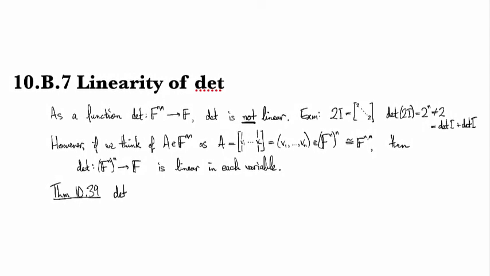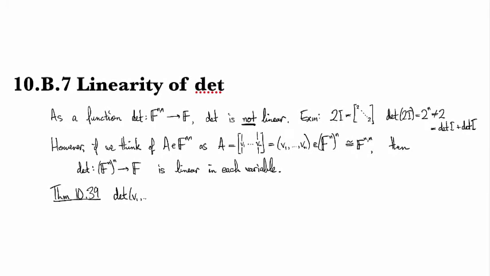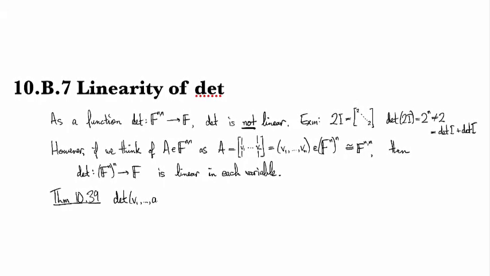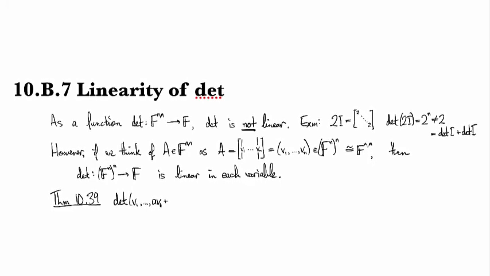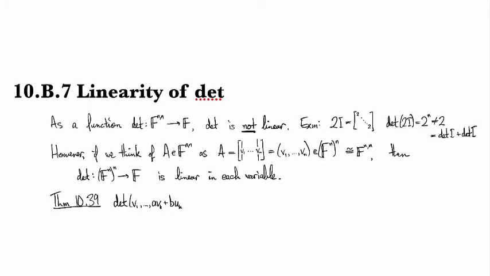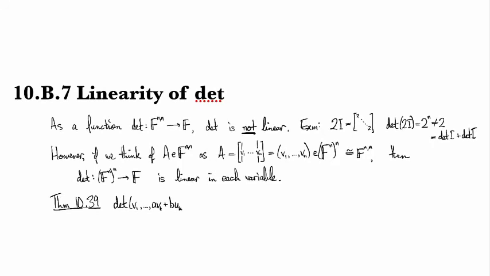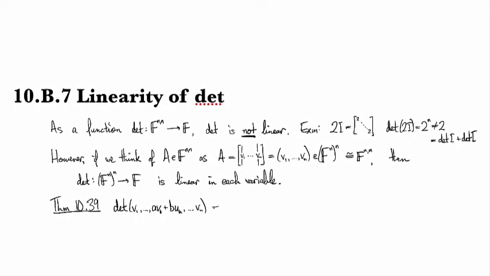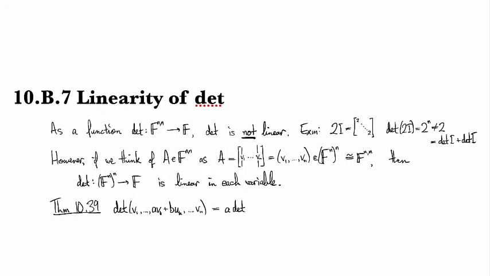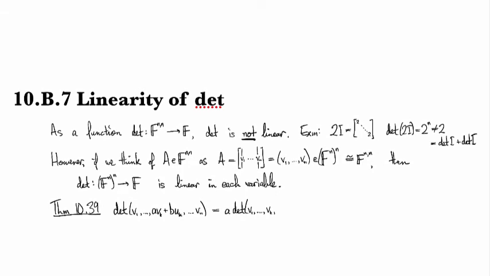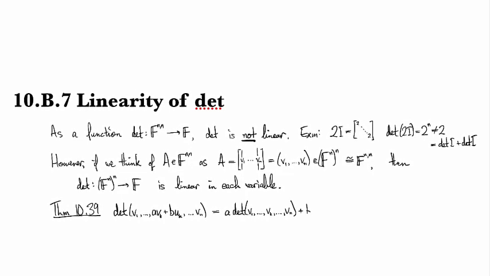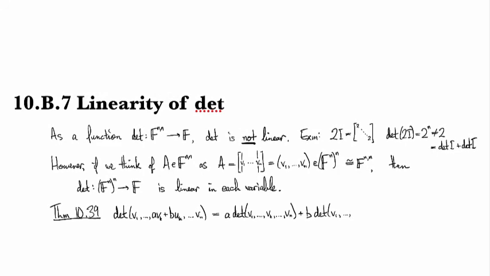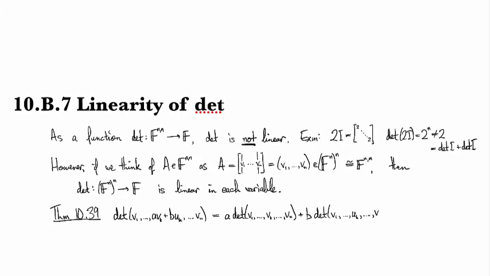But the statement here is that the determinant of a bunch of n vectors, where we've got a v_k plus b u_k, a linear combination of things in the kth slot, and everywhere else there's just a vector, can be pulled apart as a det(v1, ..., vk, ..., vn) plus b det(v1, ..., uk, ..., vn).